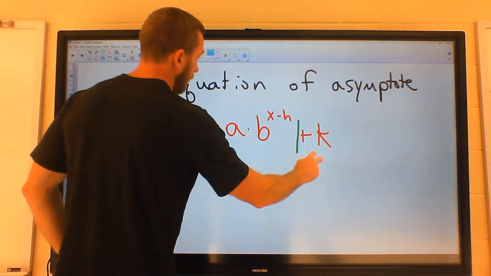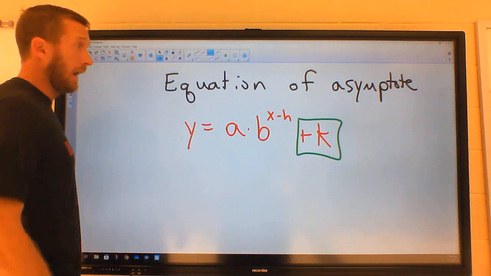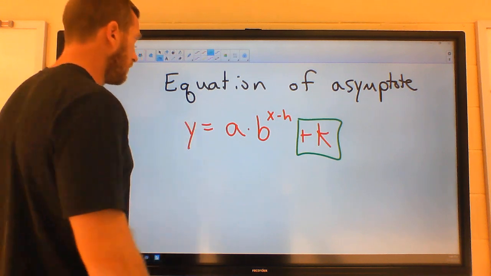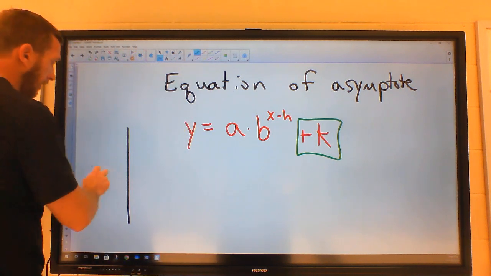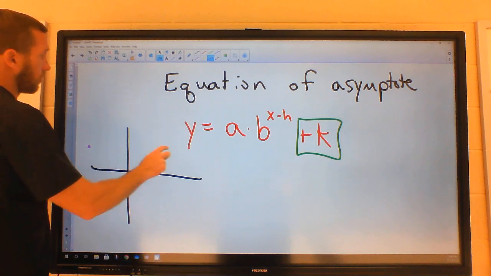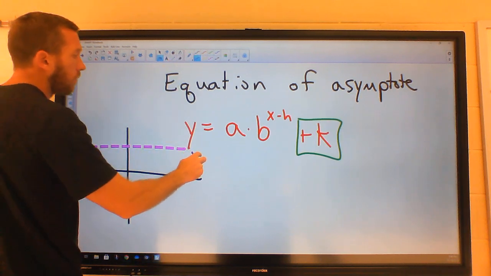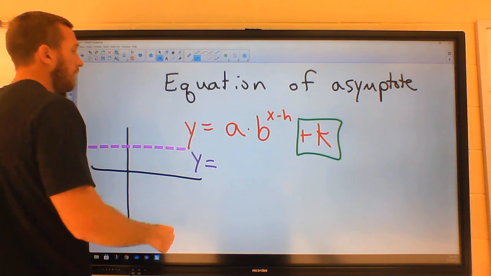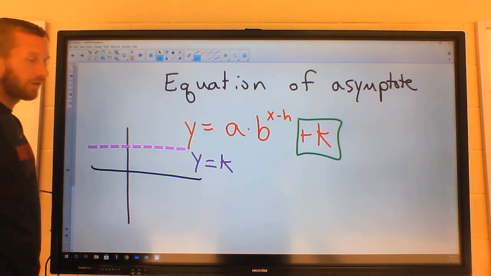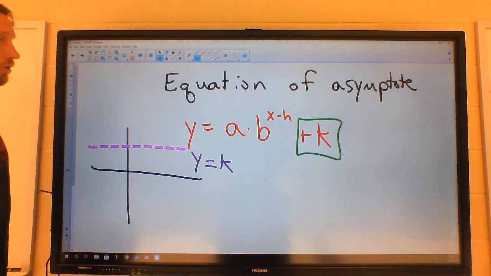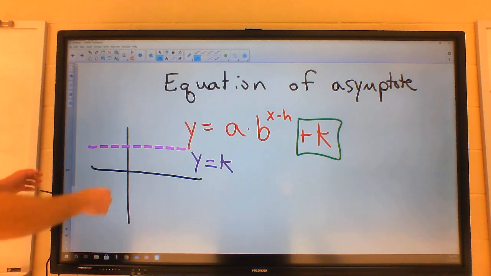And we said earlier this plus k, that is the height of the asymptote. We also said earlier asymptotes are just horizontal lines. So recall, how do we write the equation of a horizontal line? y equals some number, some constant, in this case k. So that's actually how we're going to write the equation of the asymptote.